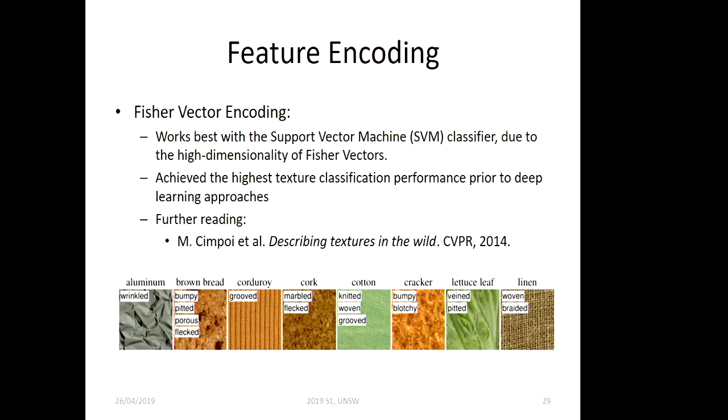Because it's very high dimensional, the choice of machine learning model is now quite limited. It wouldn't work really well with KNN, because KNN is just direct distance computation. But it works really well with SVM classifier.